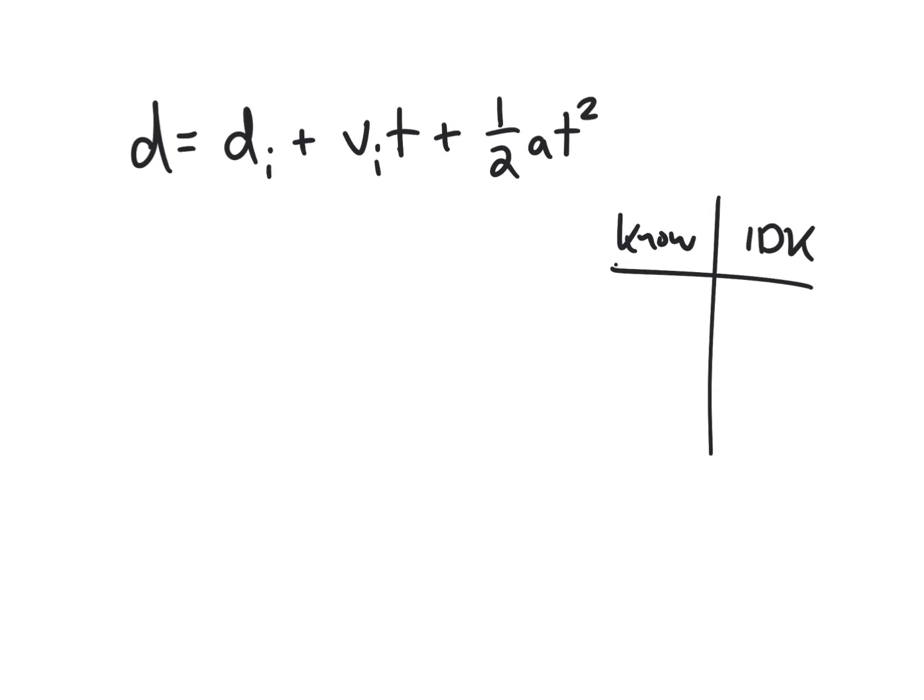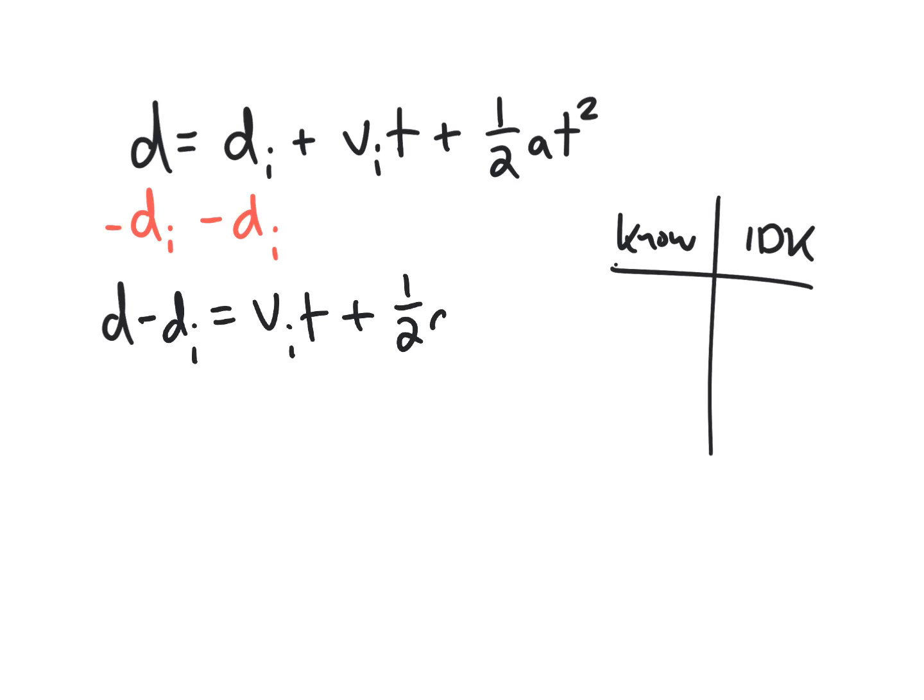If I wanted to solve for the initial displacement, I would need to move d sub i to the left-hand side and move distance to the right-hand side. So I would just go ahead and subtract d sub i from both sides and get d minus d sub i equals v sub i times t plus half of a t squared.